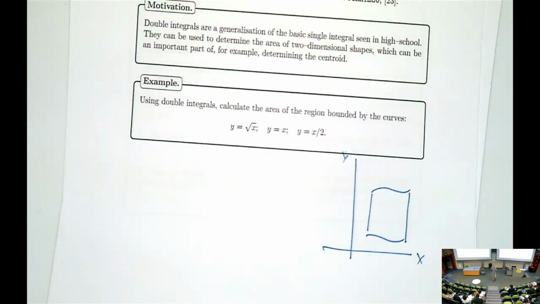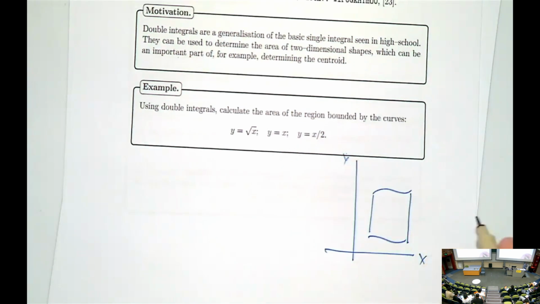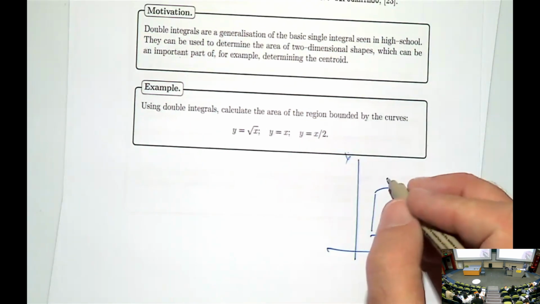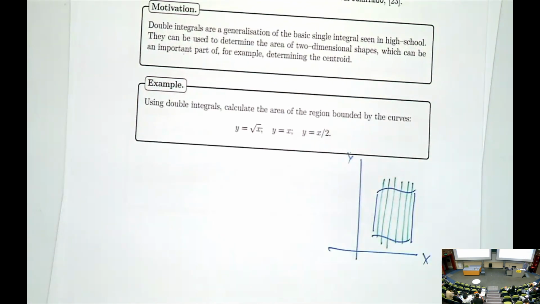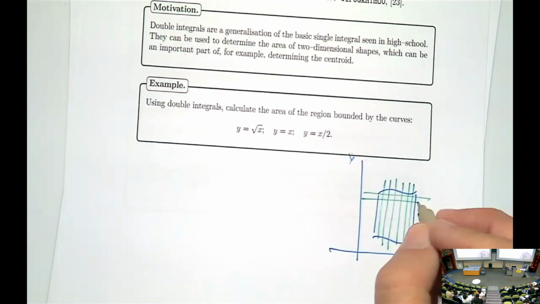At school you go, okay, if I know the top function and the bottom function, I can just look at the difference in the area under the curves, right? But with double integrals, we're actually slicing this up in 2 ways. So I want to calculate the area of that. What I do is slice that way and dice that way.